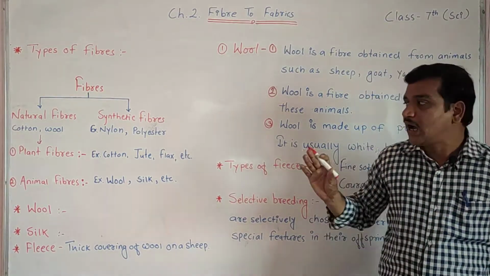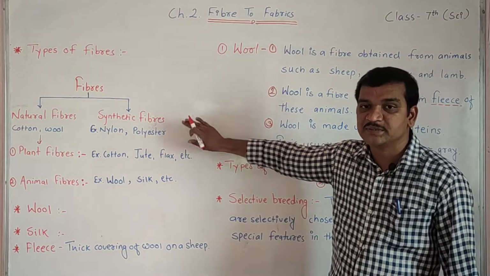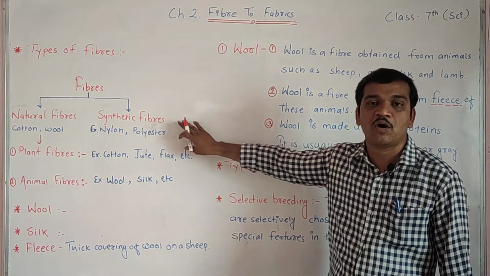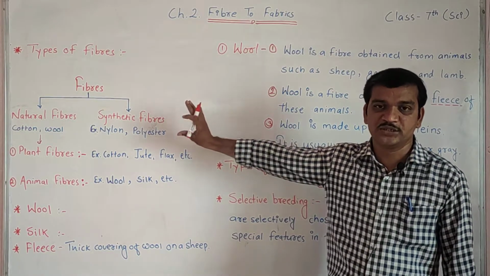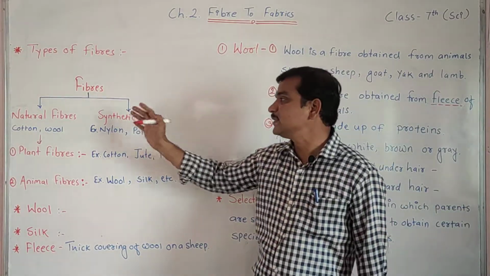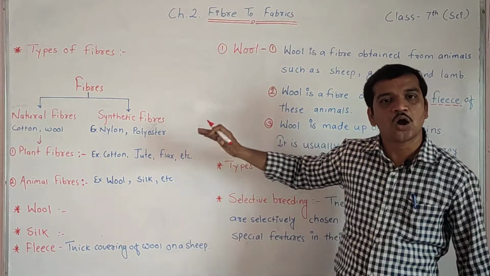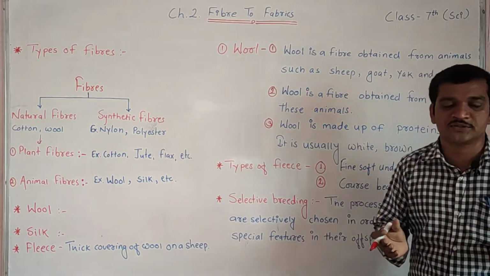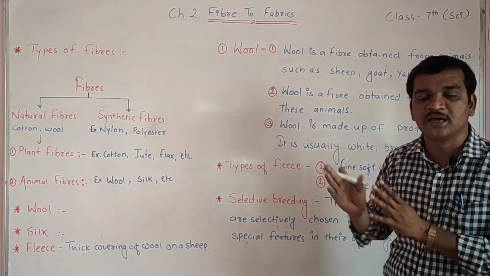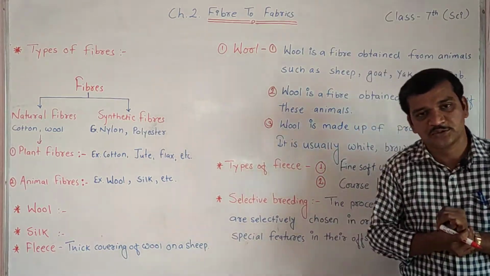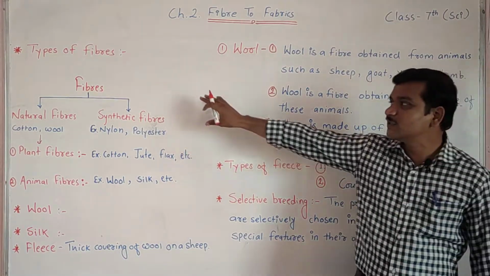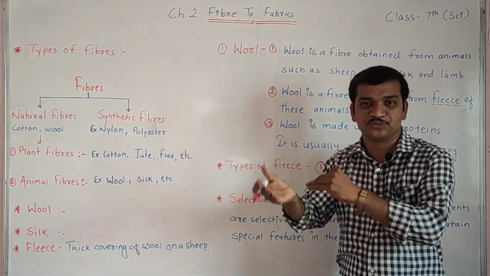Examples of synthetic fibers are nylon, polyester, orlon. Okay, students, clear now? This is the part we revised.